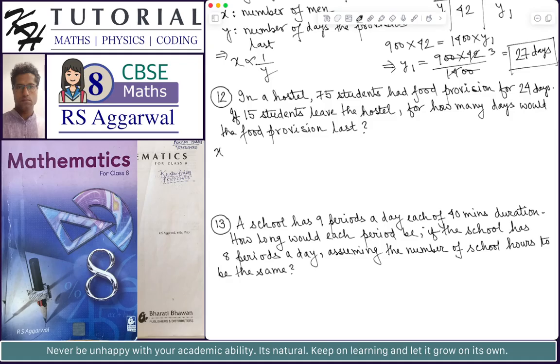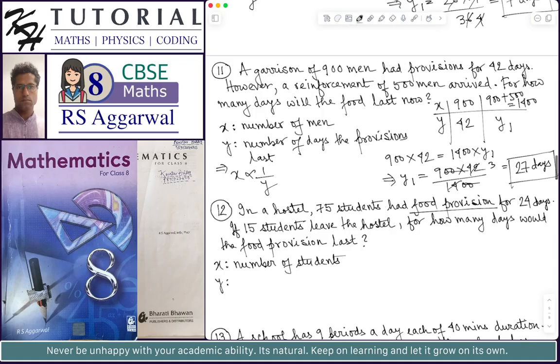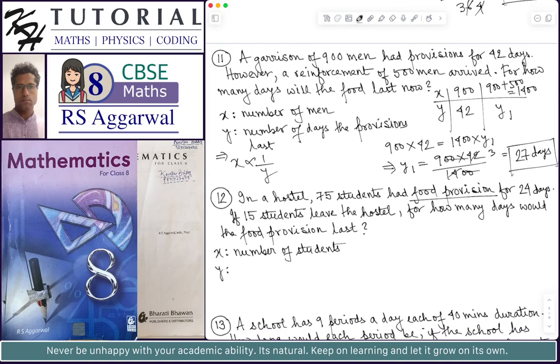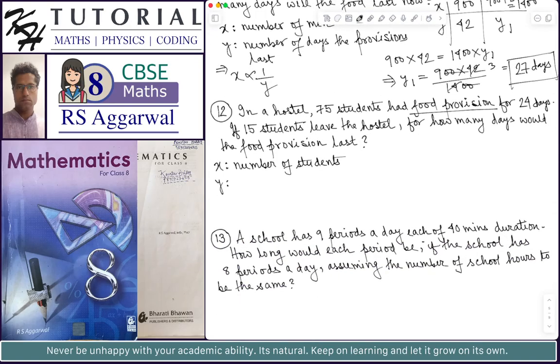Okay, so let's say X is the number of students, and remember that the hostel had a food provision, this is the constant provision. For the example of men and provisions, remember that the amount of provision is constant.